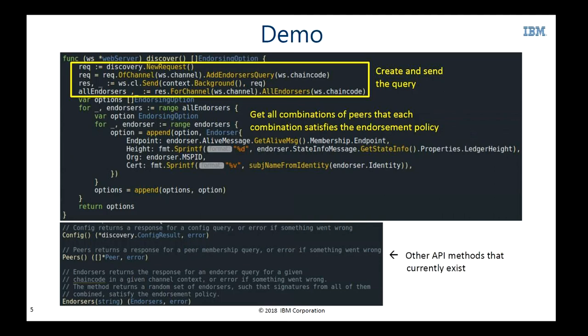Right. Okay. The only other question I have is, there seem to be two things here. There's the discovery of the network, and then on top of that there's the endorsement that might be required for specific chaincode. Is that right? Yeah.